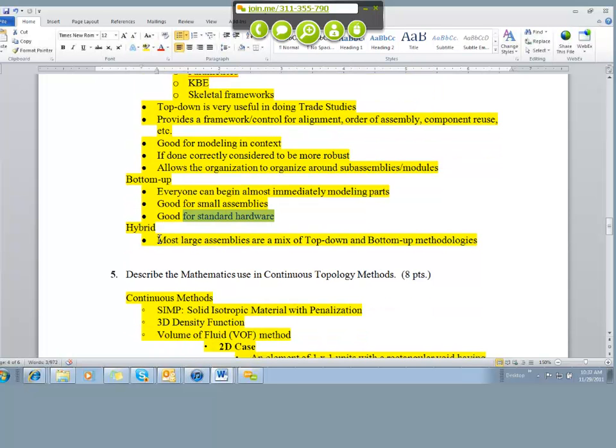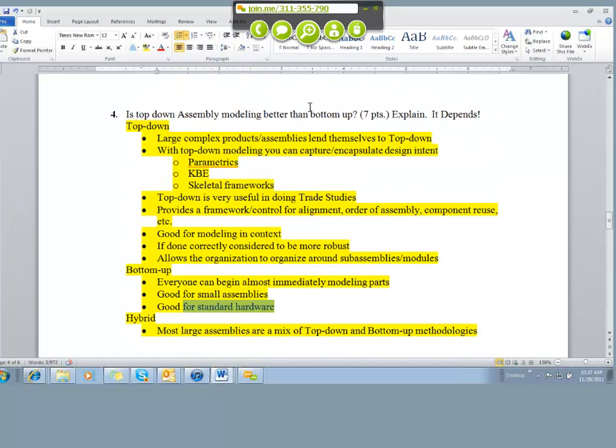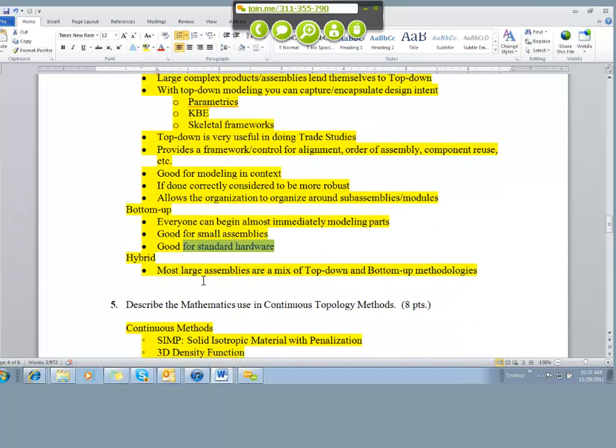And so one of the key things that I was hoping this discussion would lead to was that most large assemblies, while we talk about being top-down, are really a mix of both top-down and bottom-up. It would be difficult, I think, to build something like a jet engine and have all of the screws and fasteners and bearings and things like that be done from a totally top-down approach.